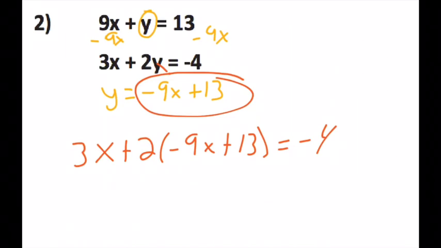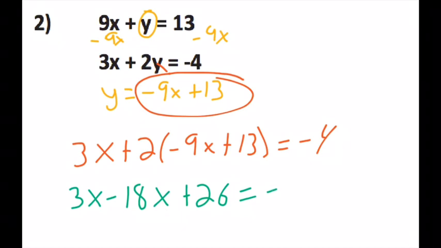If I distribute this through, I get 3x minus 18x plus 26 equals -4. 3x minus 18x is -15x. Plus 26 equals -4.